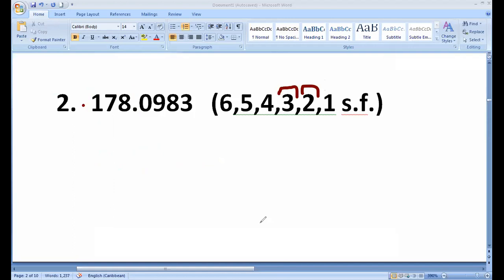All right, go ahead. All right. Anybody want to try now to 2 significant figures?